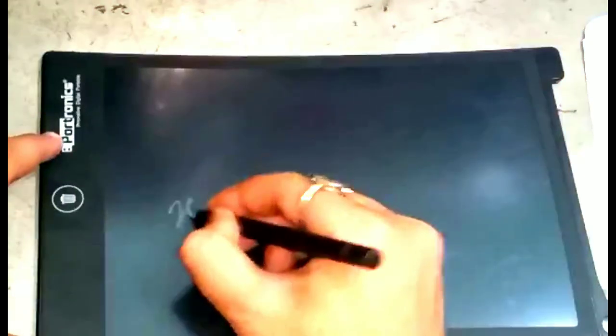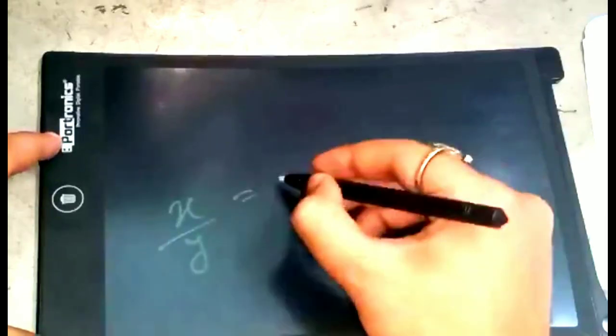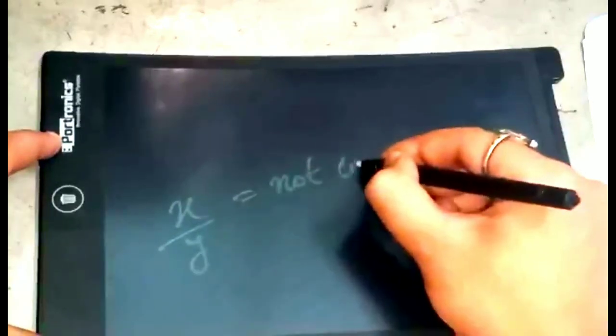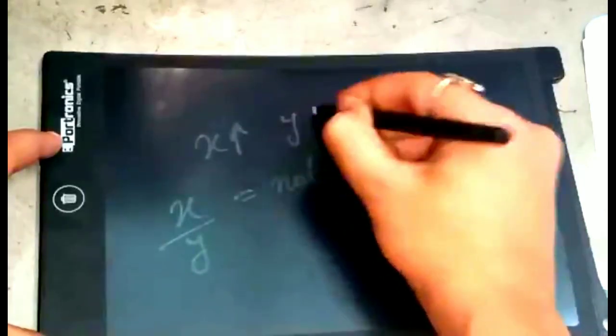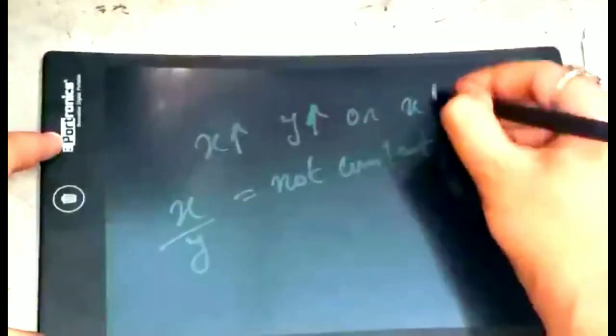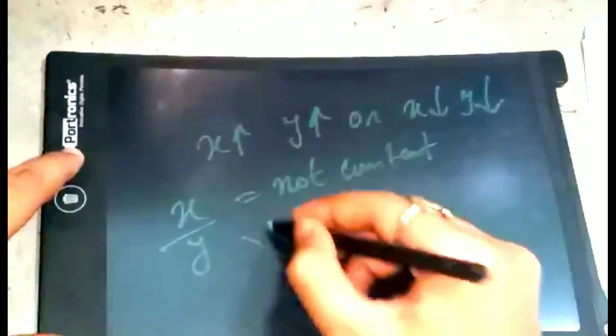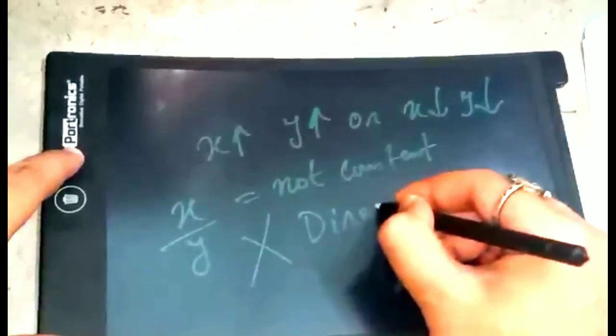However, if x by y is not a constant, even though x is increasing and y is increasing, or x decreasing and y decreasing, then this cannot be direct variation. This is not a direct variation.